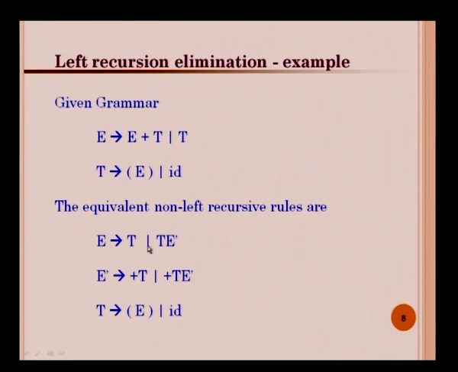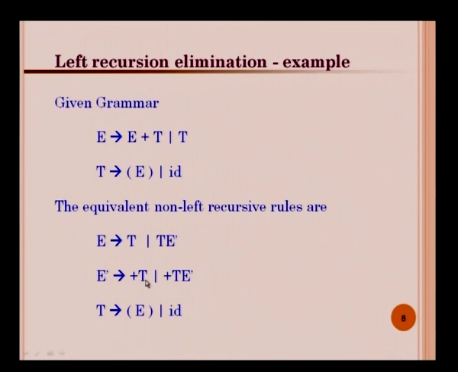So E derives T or T E prime, that is the first rule. The second rule is we should go for expanding this E prime. So what this E prime denotes, or what is going to the right hand side for this E prime. So this E prime is the rest of the left recursive component. The left recursive component is E plus T, the rest of the left recursive component is plus T.